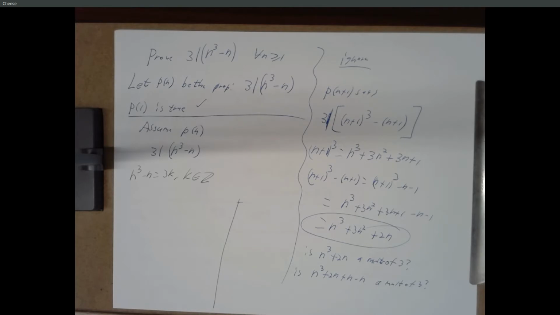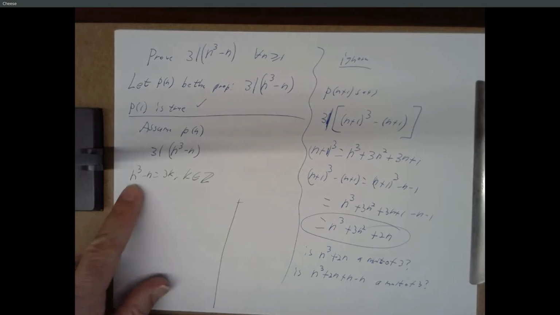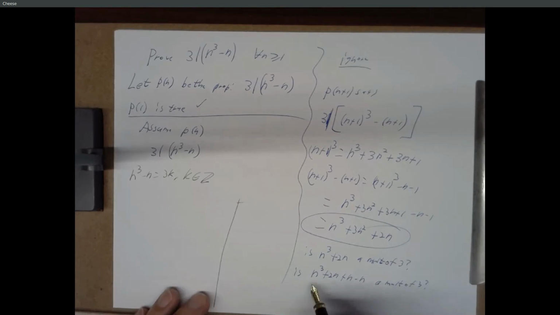What we want to do is make something in what we've got on the right-hand side look like the n cubed minus n on the left-hand side. So take that minus n and combine it together with the n cubed and replace that by 3k.